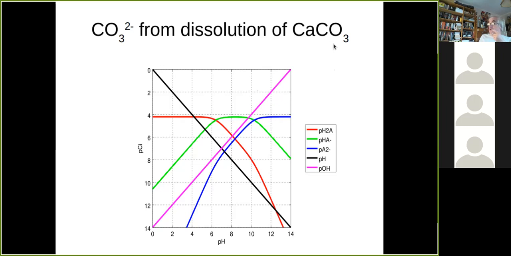If you take sodium carbonate, for example, that is freely soluble in water, a lot more than calcium carbonate. In that case, you can also claim that you will have the majority of the carbonate ions still left as carbonate ions, because the total concentration is much higher.